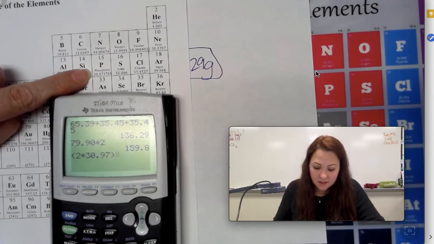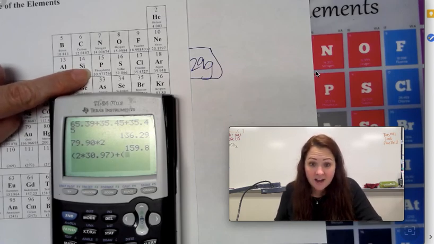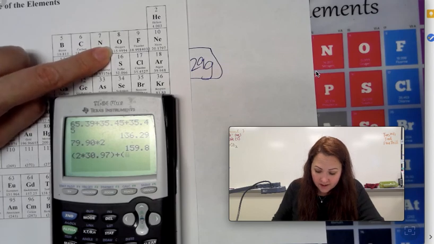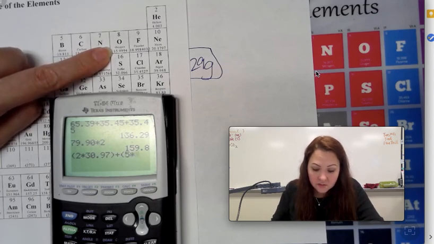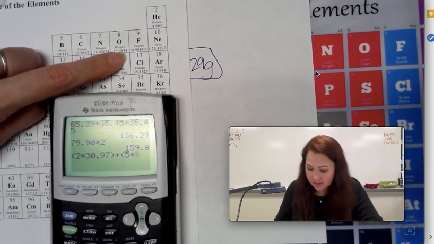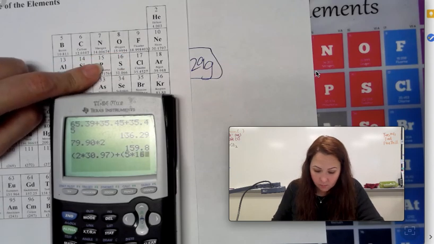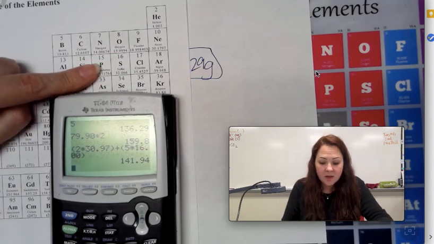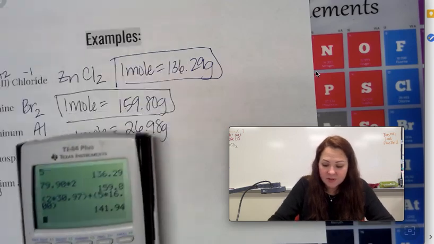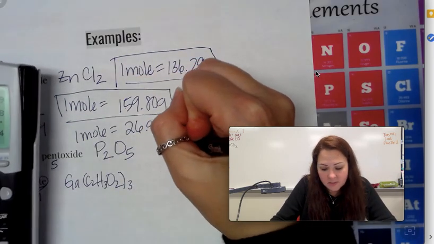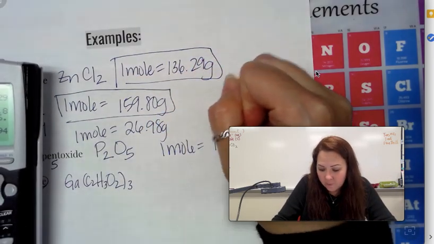Then I'm going to hit plus, because I have to add them together, my 5 oxygen. So 5 times 15.9994, that's going to round to 16. So that means that my diphosphorus pentoxide, 1 mole of it, has a mass of 141.94 grams.